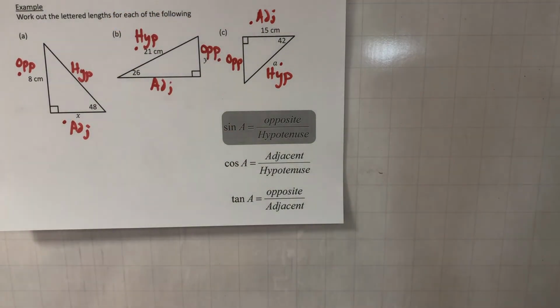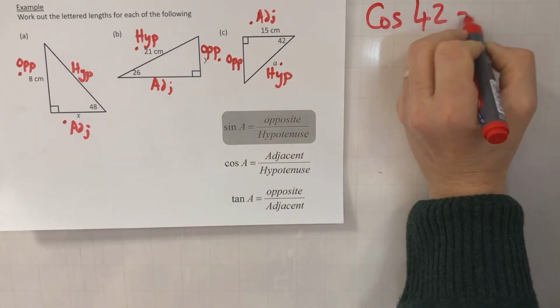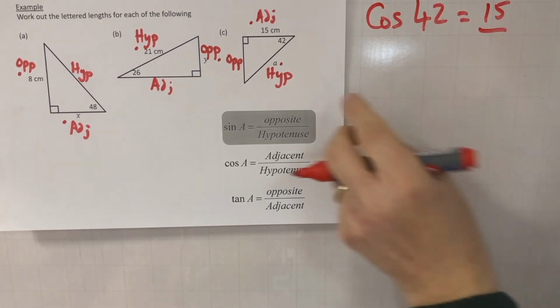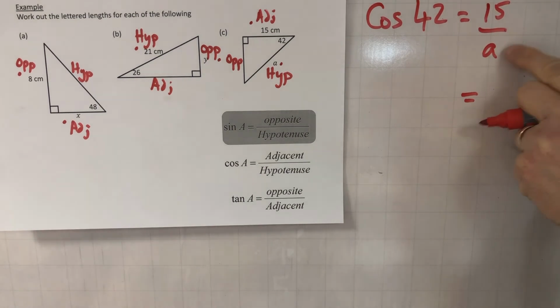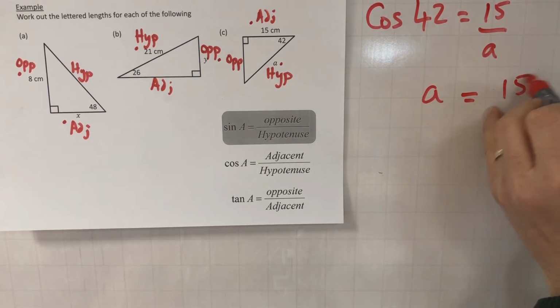So cos of the angle is equal to the adjacent side divided by the hypotenuse, and because we want a letter on the denominator, it is a division.